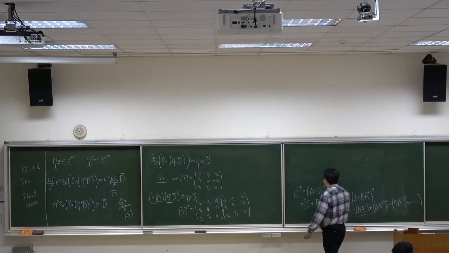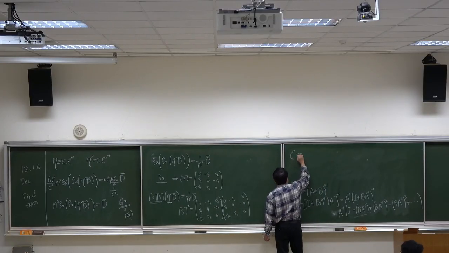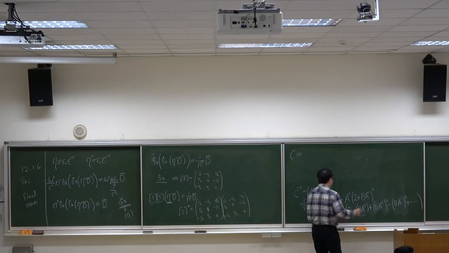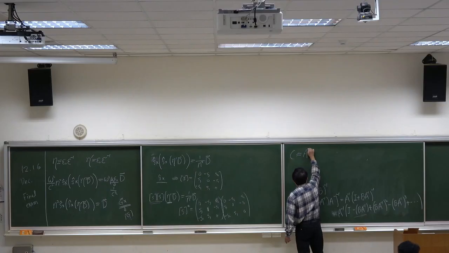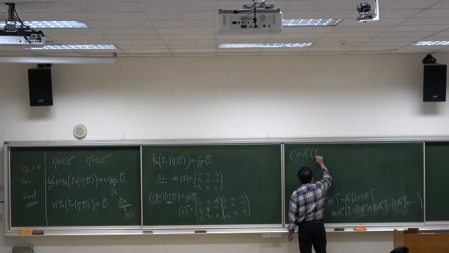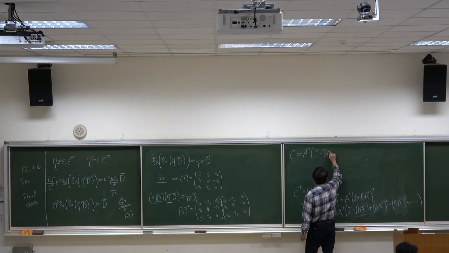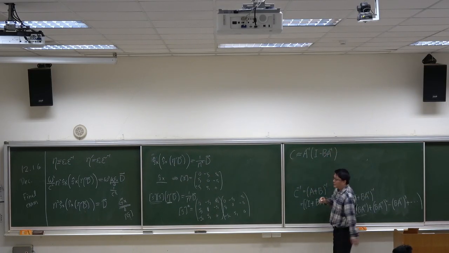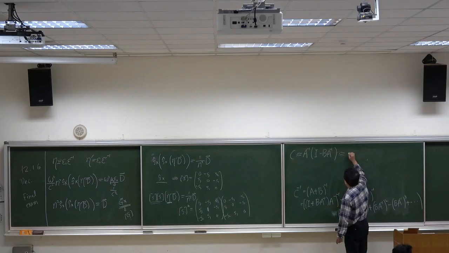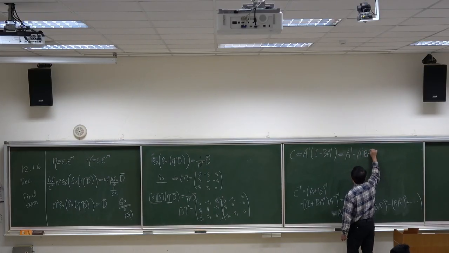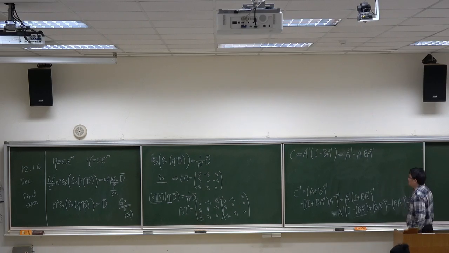So now C can be approximated by A inverse times the unit matrix minus B A inverse. So this is equal to A inverse minus A inverse B A inverse. This is the approximated expression.